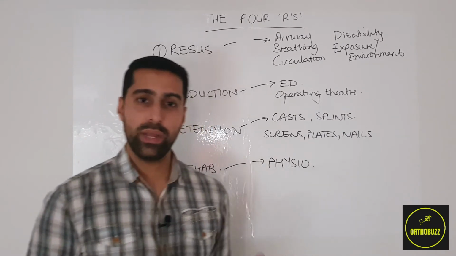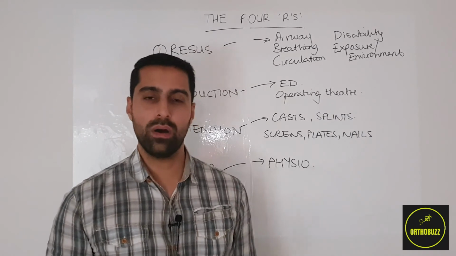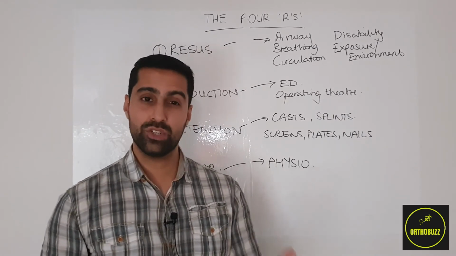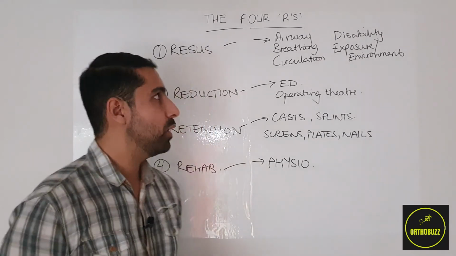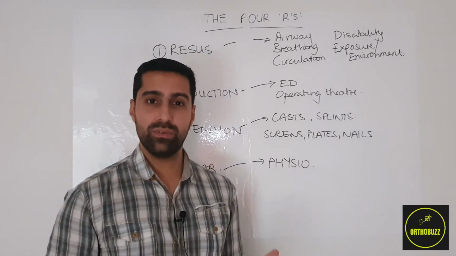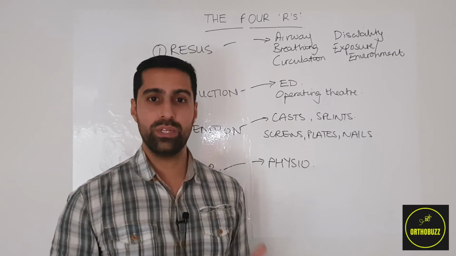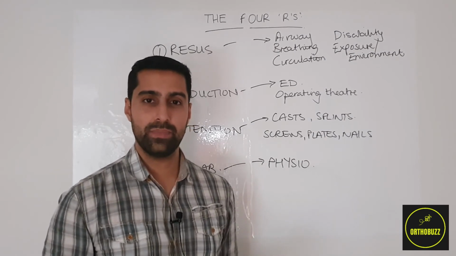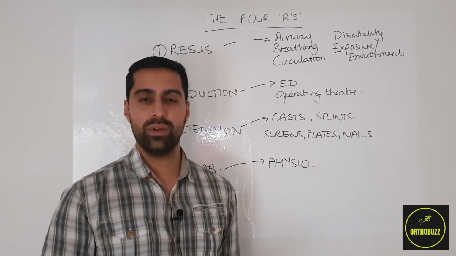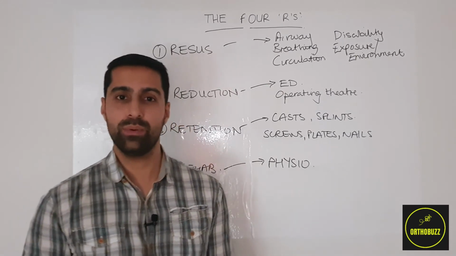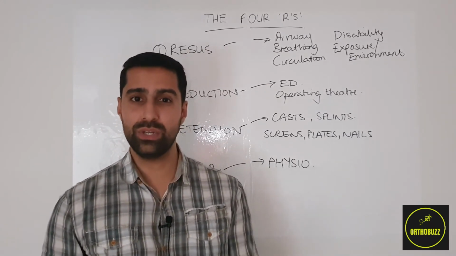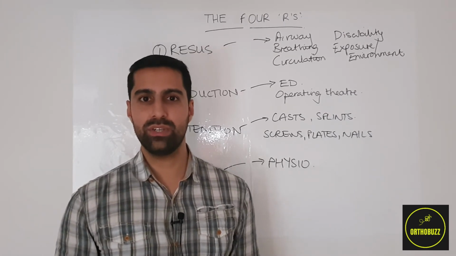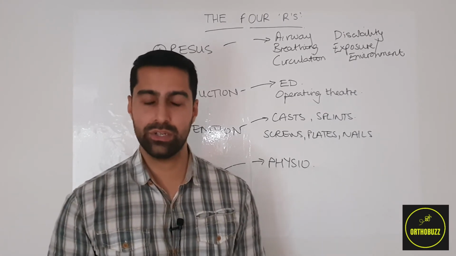So that was a quick whistle-stop tour through our 4 R's and how useful they are in giving us a structure in managing orthopedic patients. Looking at them one by one again, we start off with the resuscitation to ensure that we do not miss any life-threatening injuries. Having moved on from that and ensuring that the patient has an isolated injury or that we've treated more serious injuries, we then look at how best to reduce the injury or return it to its original alignment, assuming the patient has a fracture.